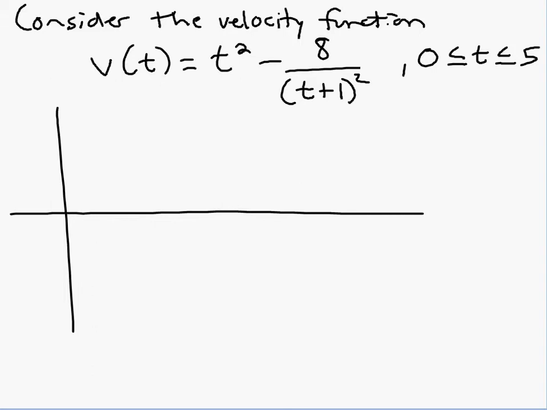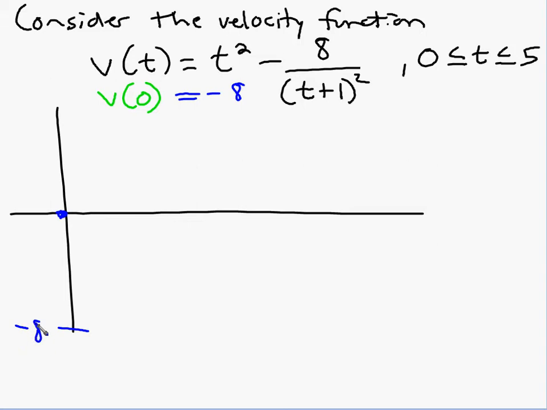If I were to calculate v of 0 on this problem, I would get negative 8. So that means at time 0, the value of the velocity function is negative 8. What does that mean?